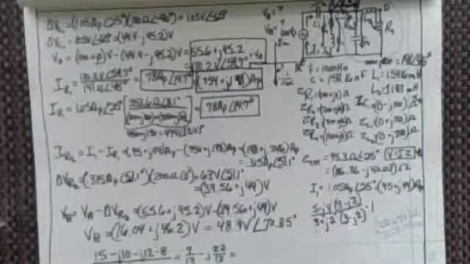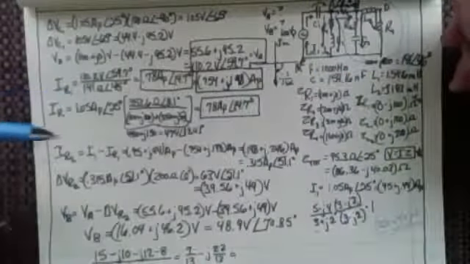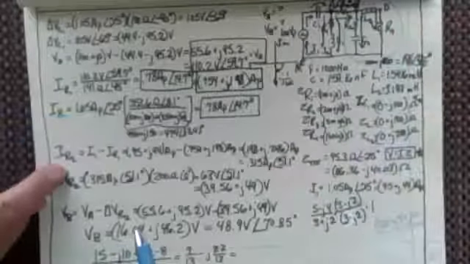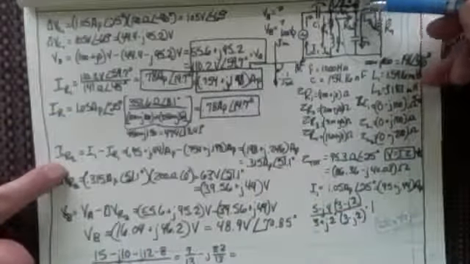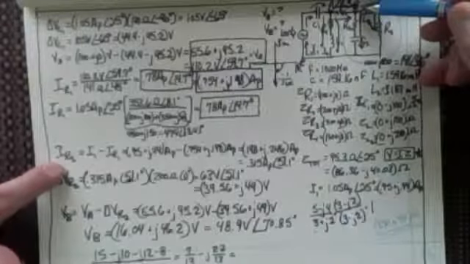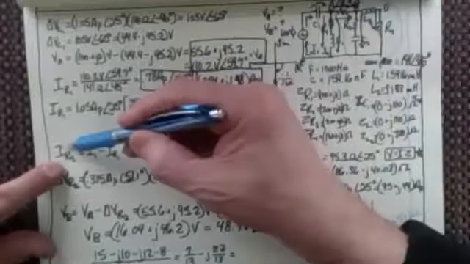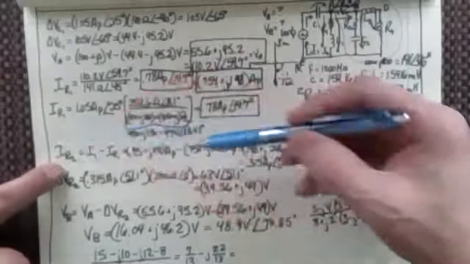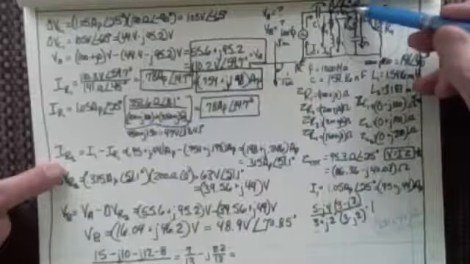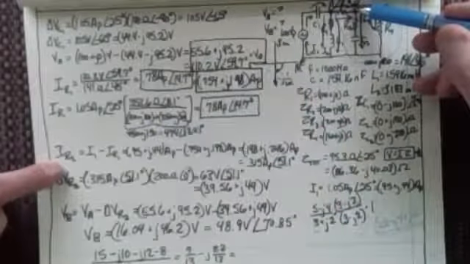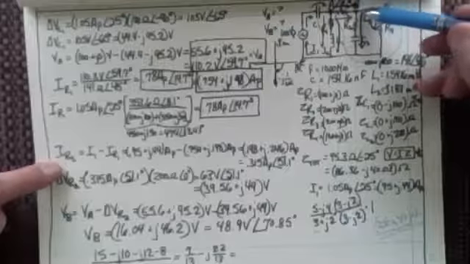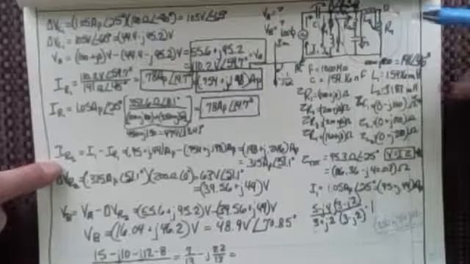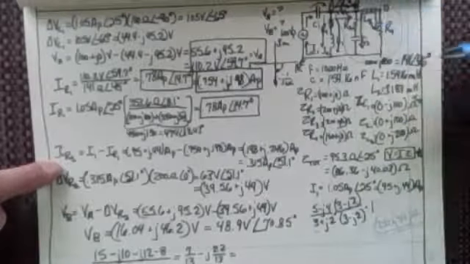Now, the next thing that I wanted to do was find out, well, what's the current? Because I've got to find the voltage at B too, don't I? And so I just wanted to find out what the current through R2 is, so I can find out what the voltage drop is across R2, and I can find the voltage at B, right? Because that's what I want to do.